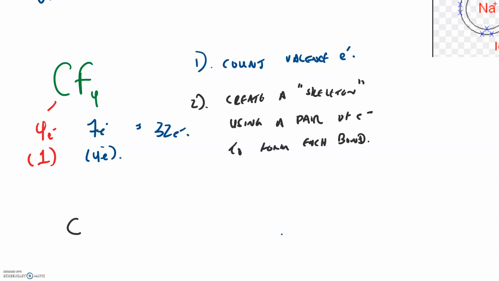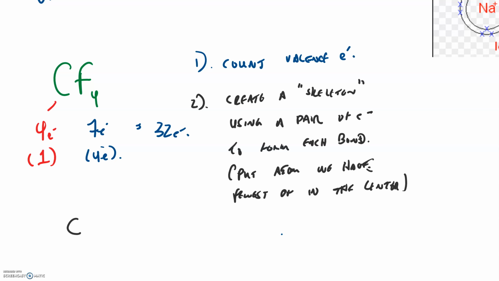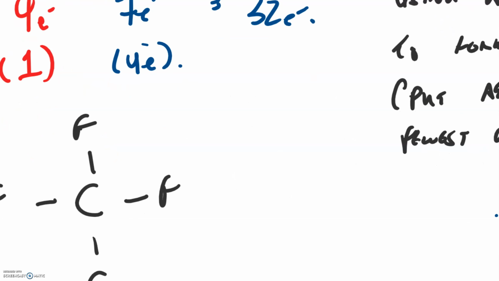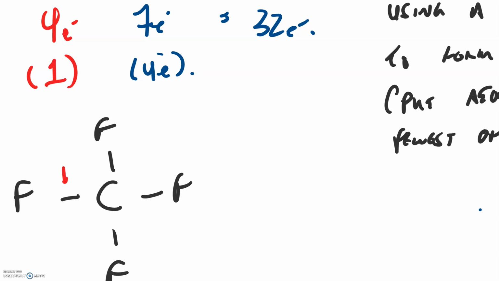We'll put the atom we have the fewest of in the center. So carbon goes in the middle. We have a fluorine here, a fluorine here, a fluorine here, and a fluorine here. And we've used a pair of electrons in the bonding. So each of these lines represents 2 electrons.